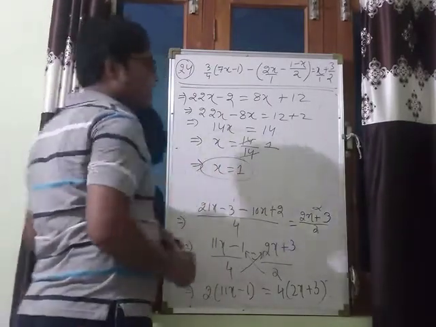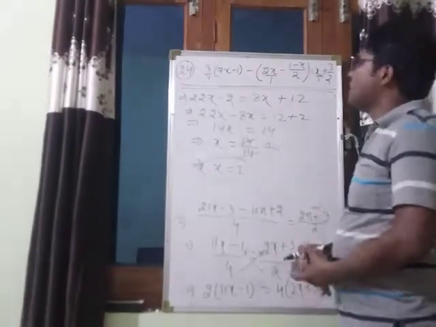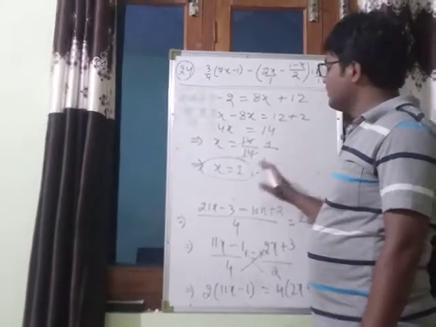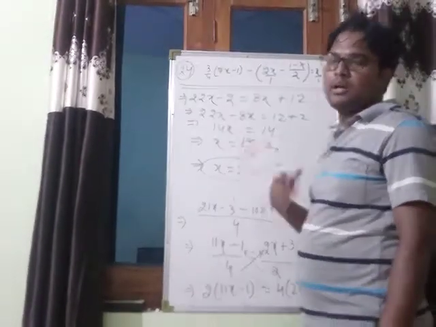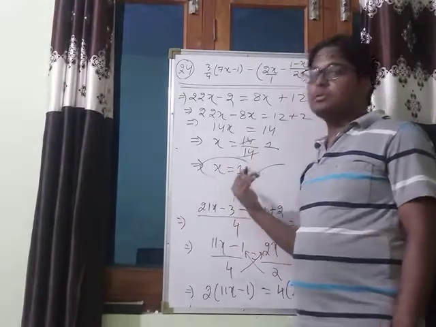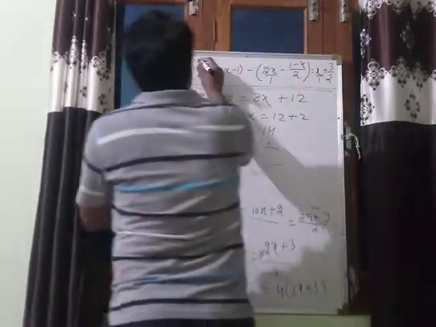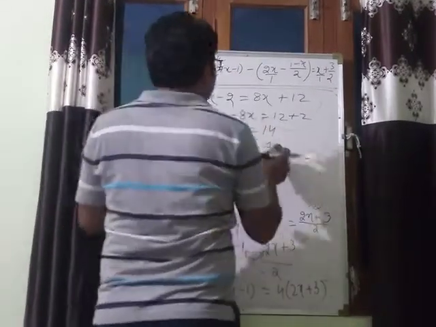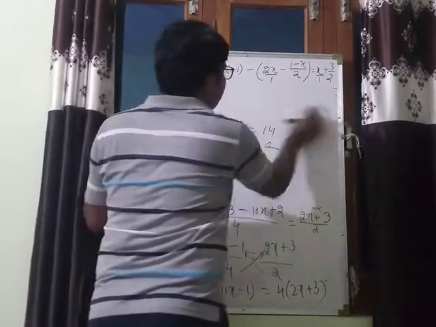Now we will check whether our answer is correct or not. So our equation is this one, and the answer is x is equal to 1. So we will put the value of x equal to 1 on its left and right, and we will see whether x is equal to 1 satisfies this equation or not. So now it is time to check our answer, put x is equal to 1 in the given equation.